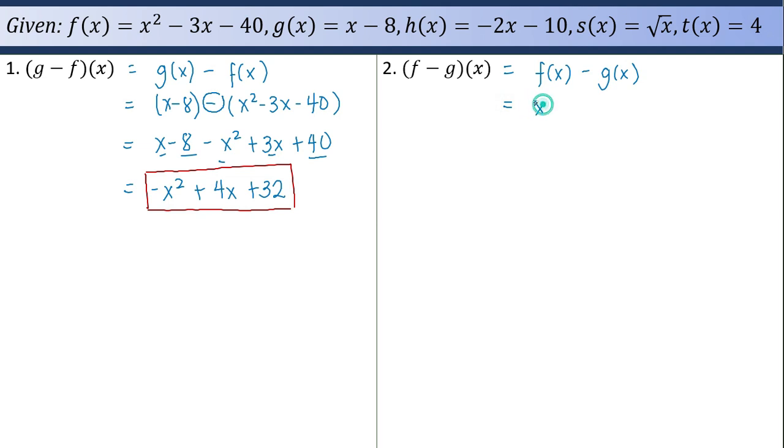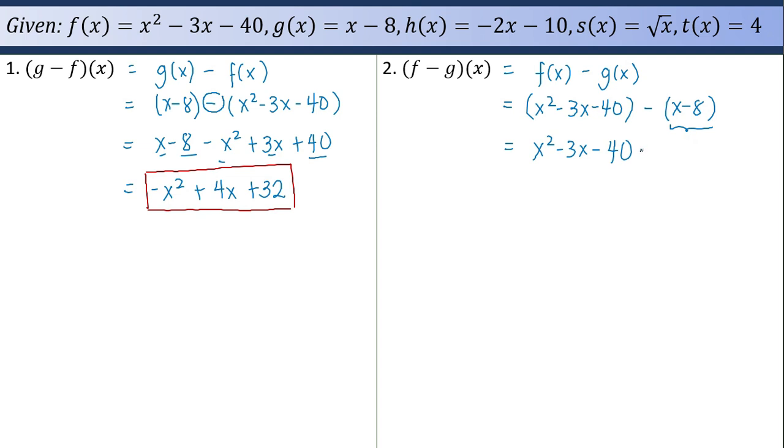F of x is equal to x squared minus 3x minus 40, while g of x is equal to x minus 8. Same procedure. Bring down mo lang yung unang function. And then, yung mga terms sa pangalawang function ay magbabago ng sign.